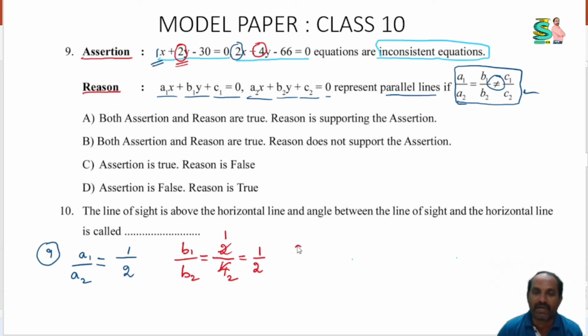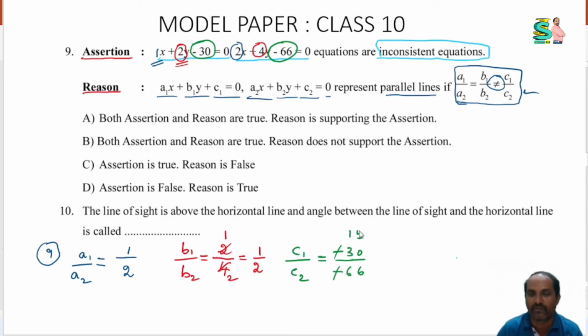Next c1 by c2. Let me take another color. In the c1 place minus 30 is there, so minus 30 by minus 66. Minus minus cancel.